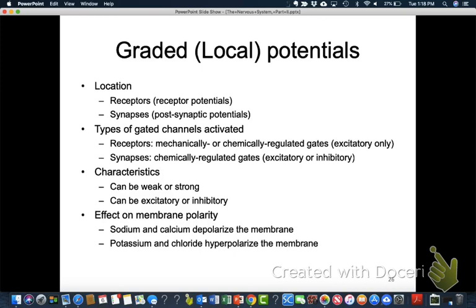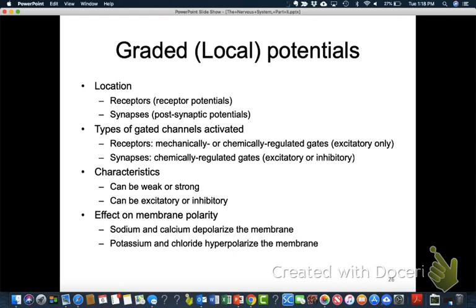And in this chapter, we're going to focus on postsynaptic potentials. So the receptor, remember, can be stimulated mechanically or chemically, and receptors you only excite. Now there's an exception to that, we're not worried about it, but in the retina of the eye, things are just very different. And then synapses can be either excitatory or inhibitory by opening potassium or chloride gates to inhibit.